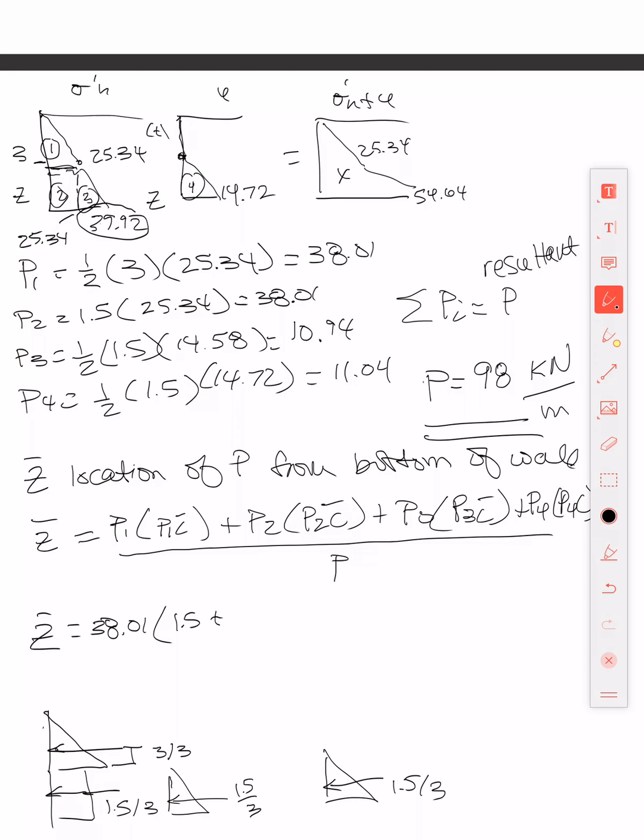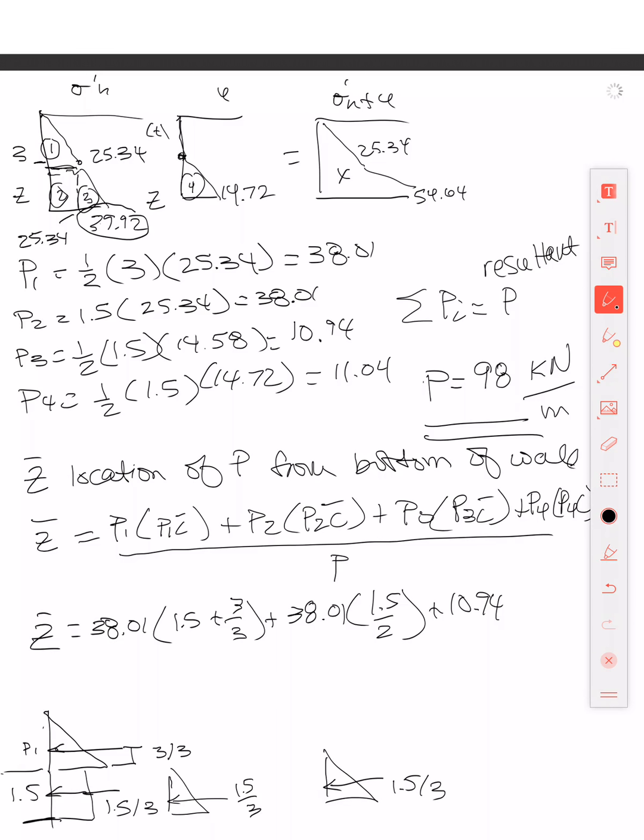So for this first one, P1, it's acting at 1.5, that's this height, plus 1/3 of the height of the triangle, which is 3/3. The second force, P2, was 38.01, and it acts at 1.5 divided by 2. The third force was 10.94.